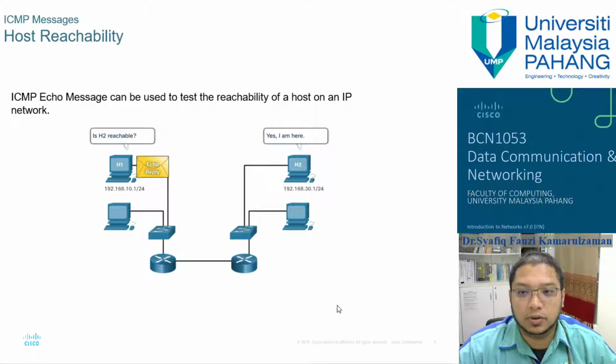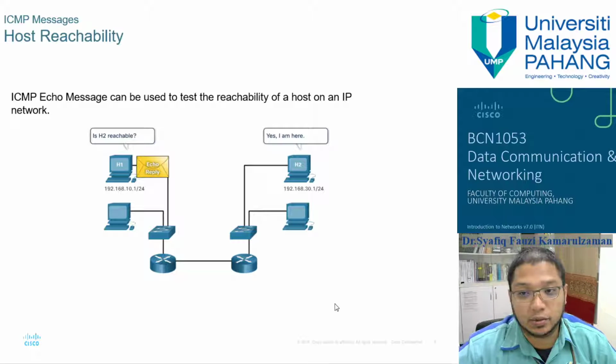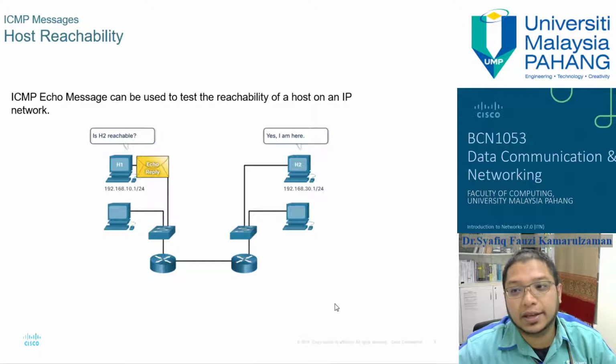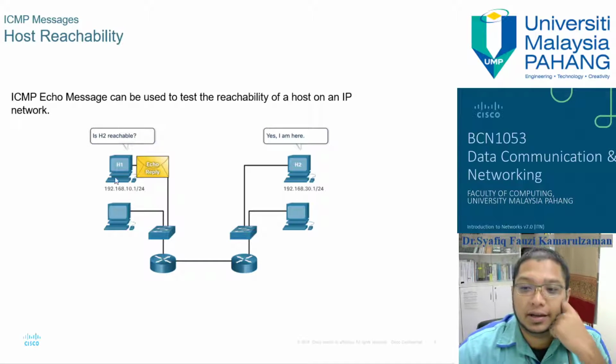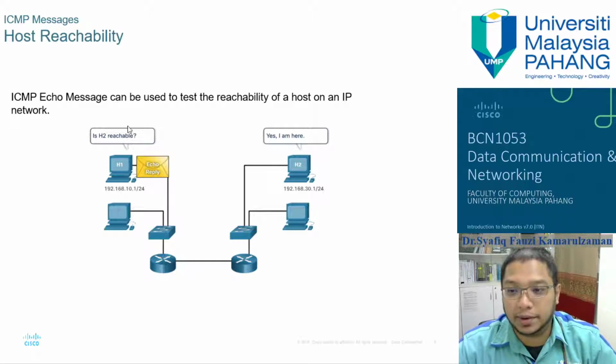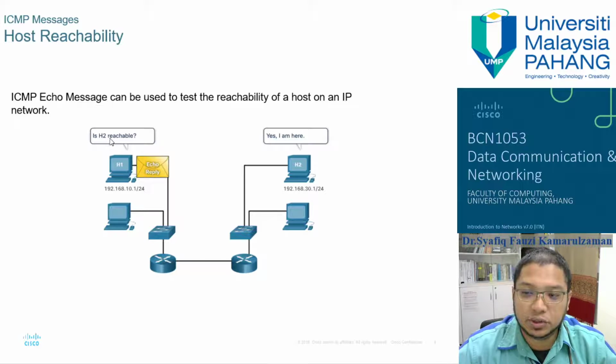So let's take a look at host reachability. Basically, ICMP echo messages can be used to test the reachability of a host on an IP network. In the slide here, you have this PC, H1. Is H2 reachable? You check based on the echo reply, and H2 replies, yes, I am here.